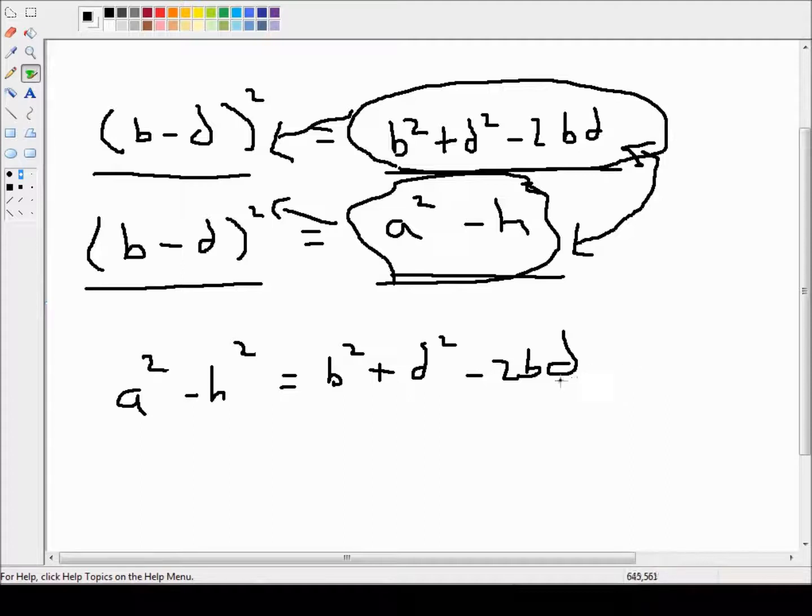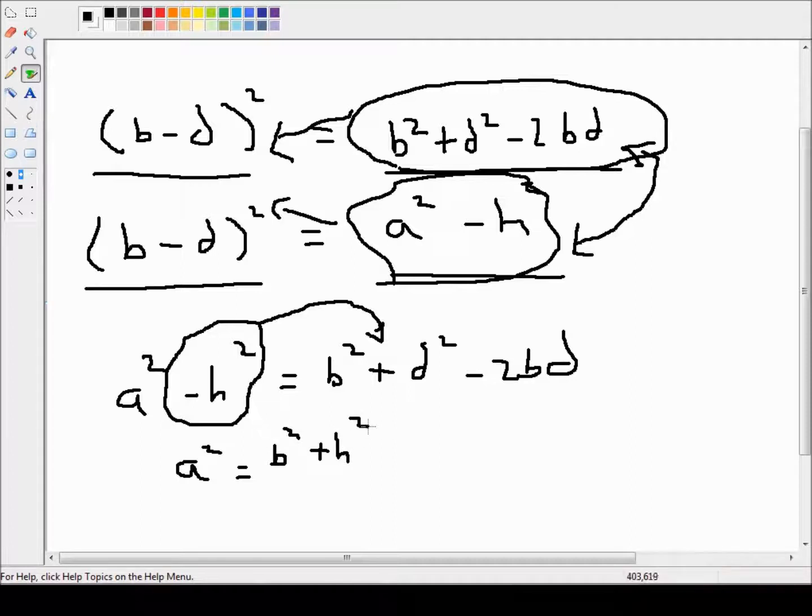Okay, so to rearrange this was really simple. All I've done is taken this h squared and put it over here. So a squared is equal to b squared plus h squared plus d squared minus 2bd.